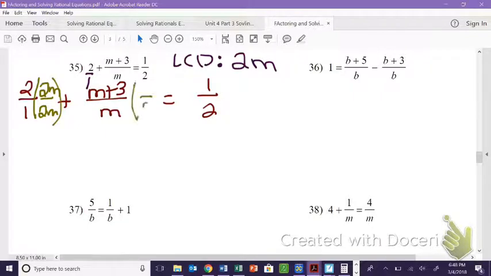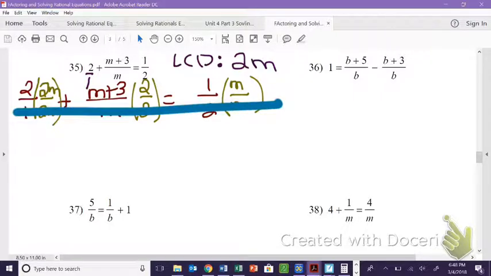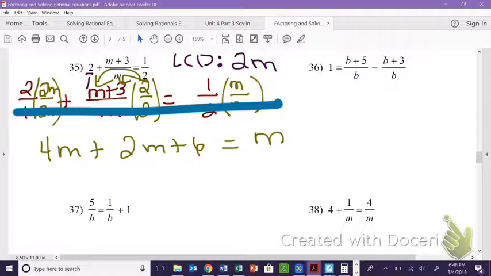And then over here, all I got to do is multiply it by 2. And this one, we're simply going to multiply it by m. So we get, these are all the same, 4m plus 2m plus 6. Do not forget that it goes into that 3 as well. Equals m. We got to do a little bit of rearranging. 6m plus 6 equals m.